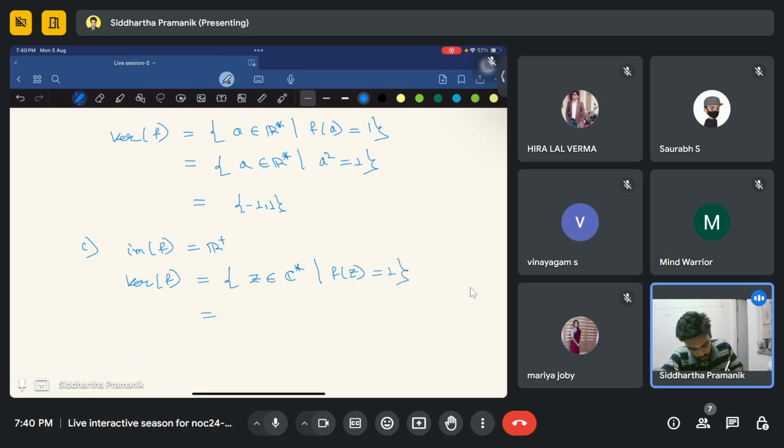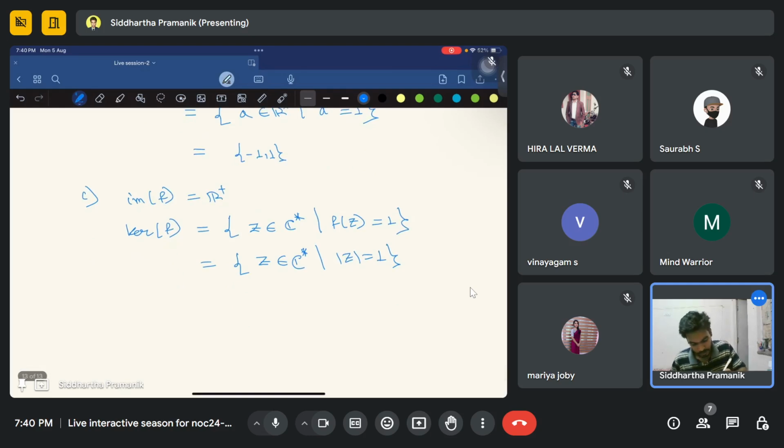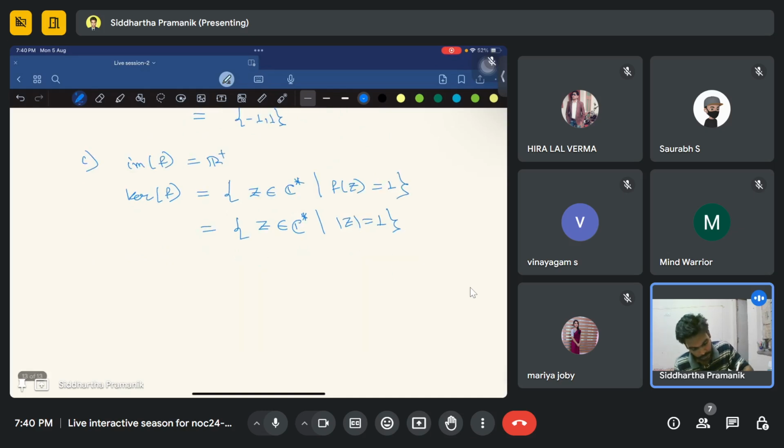But what is f of Z? So it is Z belongs to C star such that mod Z is equal to 1. So what does it mean? The set of all complex numbers whose modulus is 1. So it is basically the unit circle in the complex plane.